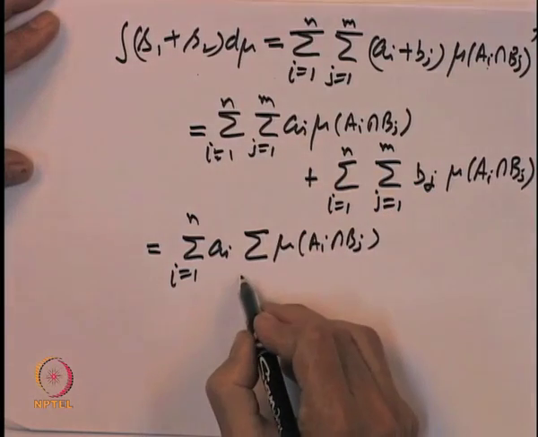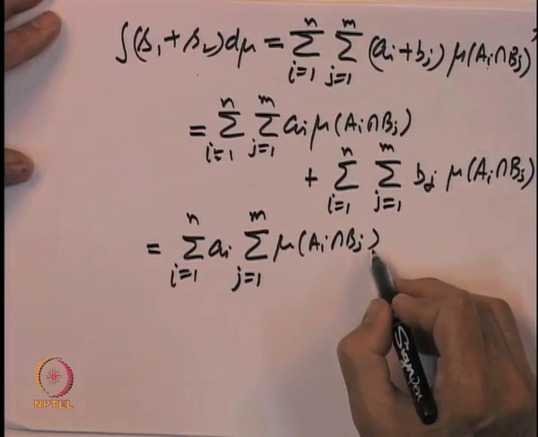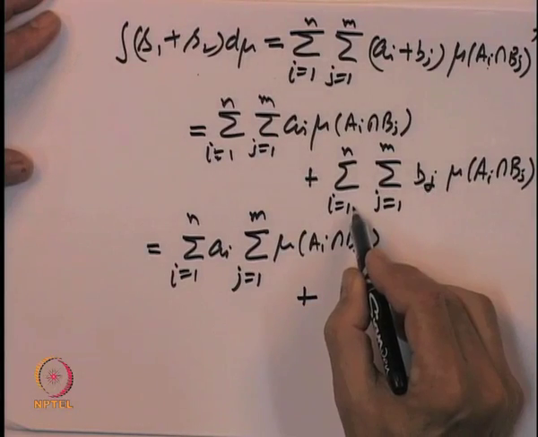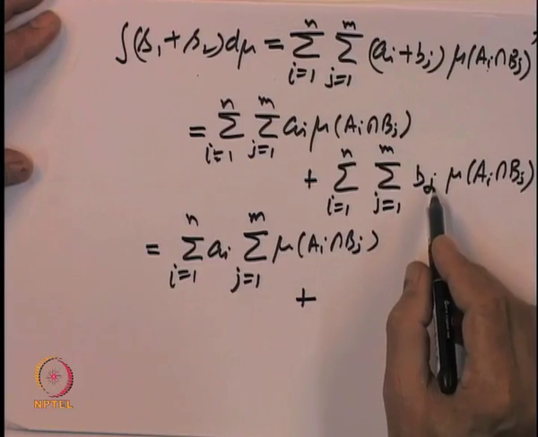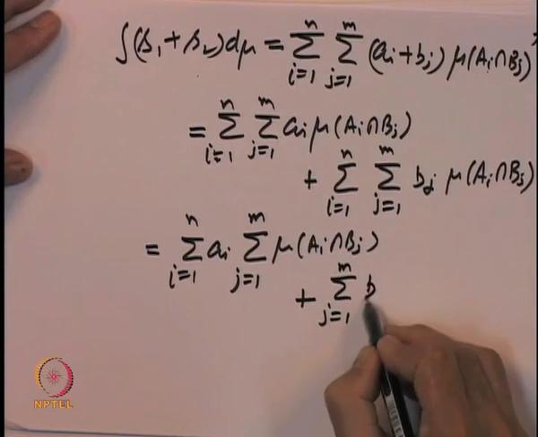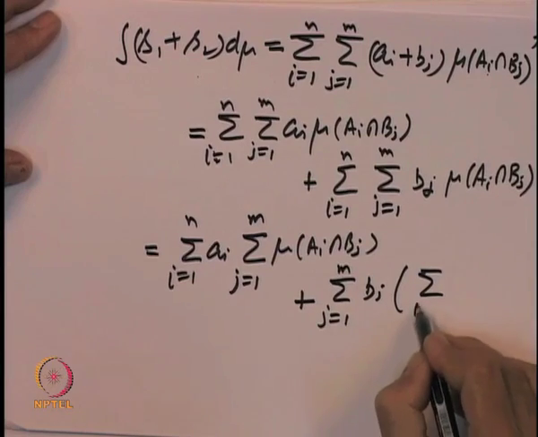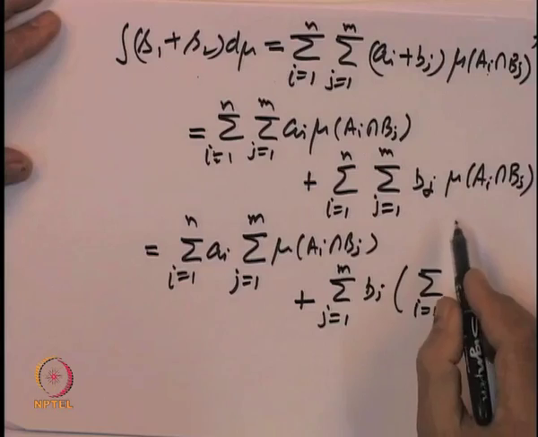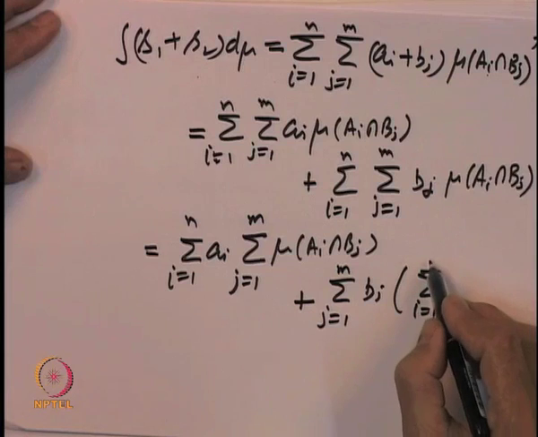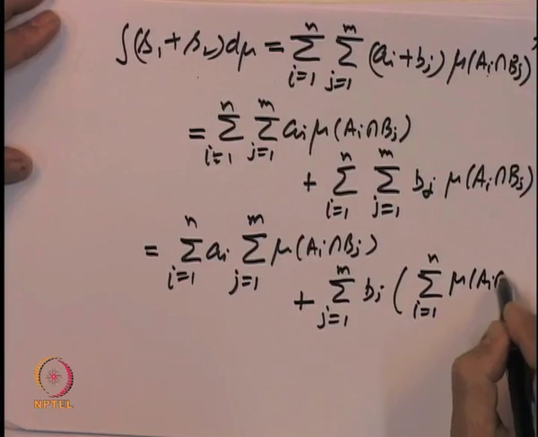Plus, in the second term, we will write it as summation over j first, B j, and inside is summation over I equal to 1 to n. I have interchanged the order of summation, they are finite sums only, so that is allowed. That is mu of A I intersection B j.